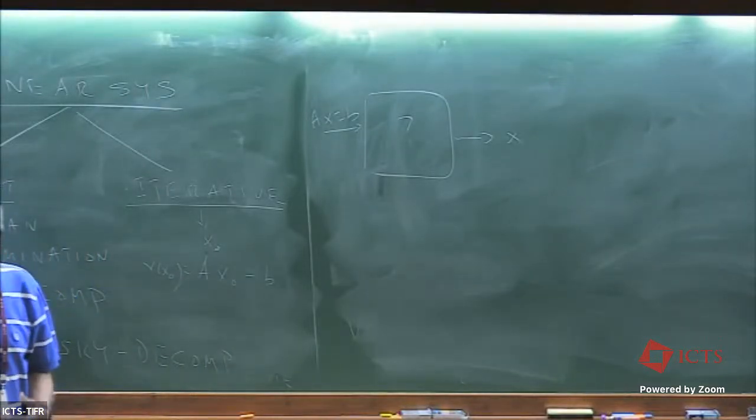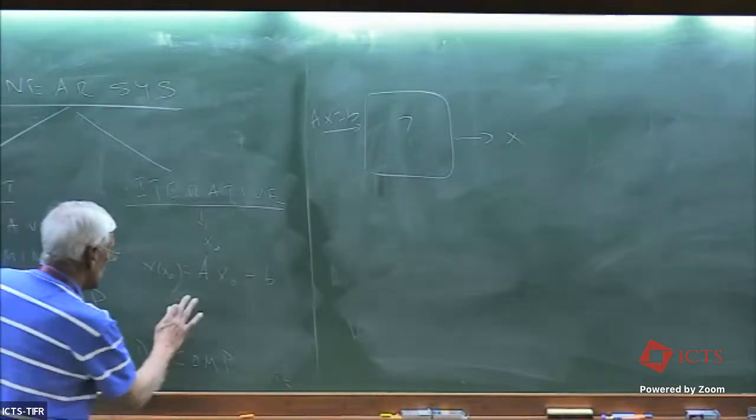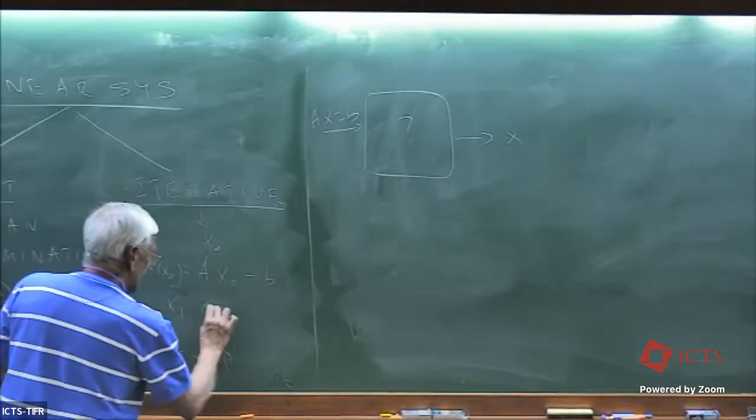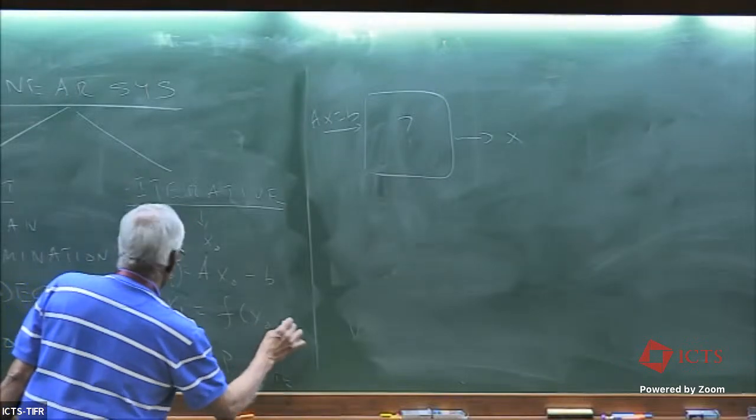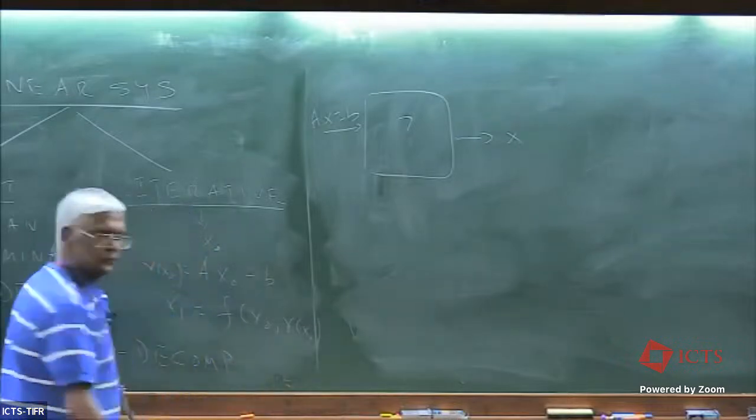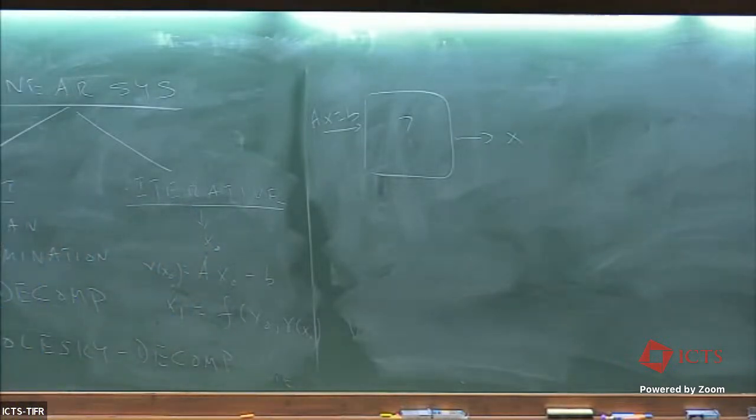Are you with me? If the residual is not 0, you compute x1 as a function of x0 and r(x0), the residual. So using the error to correct a solution so that the solution moves towards when the error is 0.